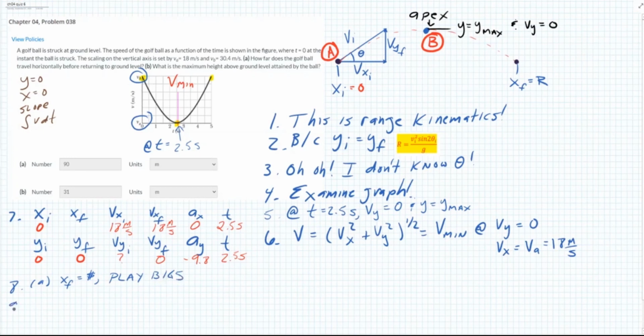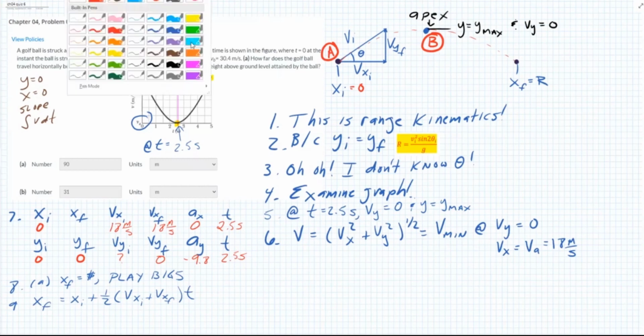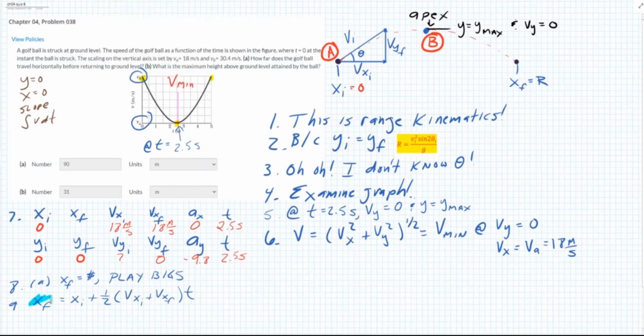I'm going to say X final equals X initial plus, here's one we haven't used too often, 1/2 times Vx initial plus Vx final, times time. This is yet another big 5 equation, derived in the green sheets, or you write it down in the green sheets after learning it from the lecture video. We know all of this stuff here.